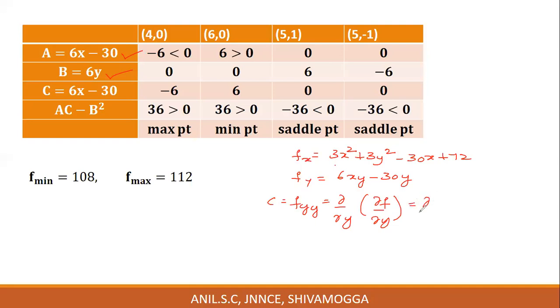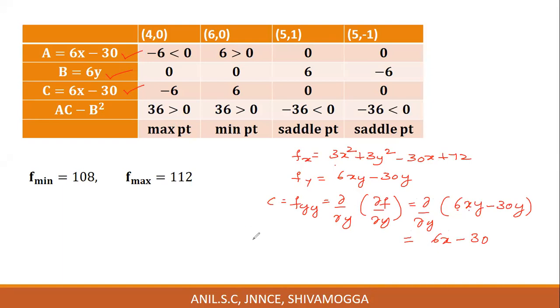This is equal to del by del y of 6xy minus 30y. Differentiate partially with respect to y, treating x as constant. Derivative of 6xy is 6x; 6x is a constant, keep it as it is, derivative of y is 1. Minus derivative of 30y is 30. So C is 6x minus 30.